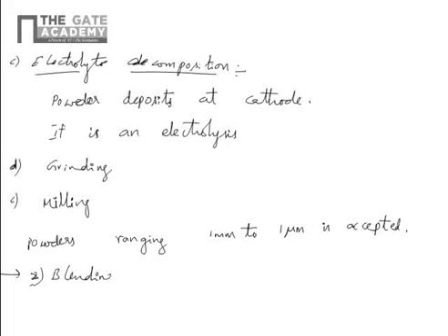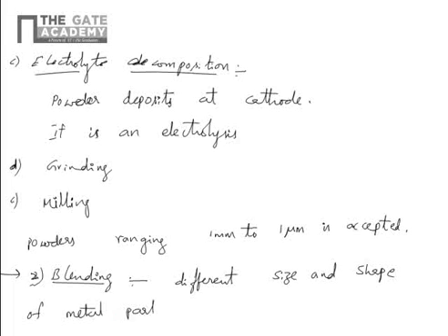The second step is blending. Different sizes and shapes of metal particles are combined or mixed to get a uniform mixture.